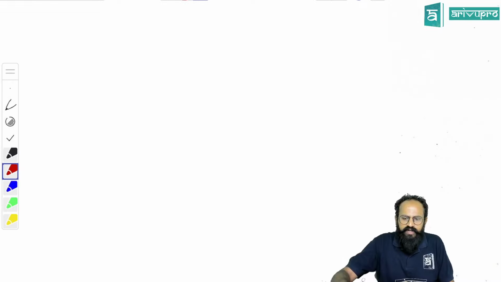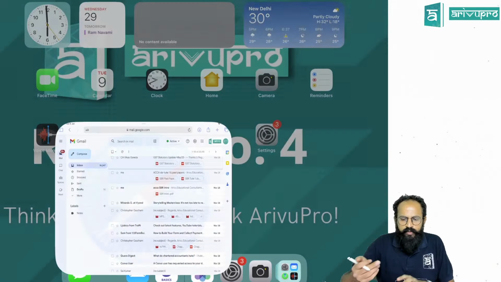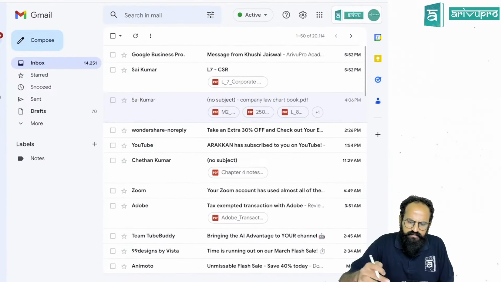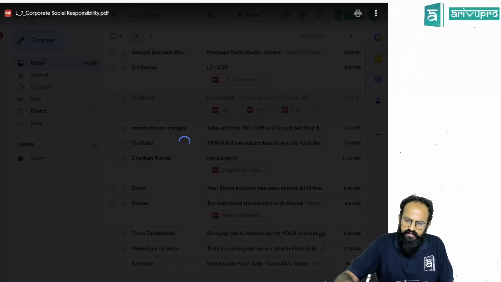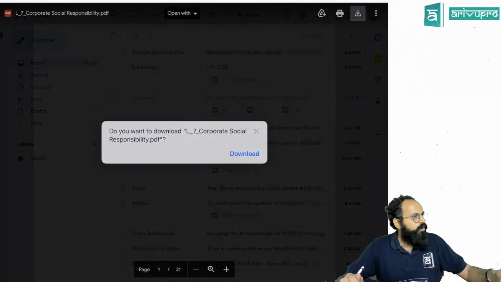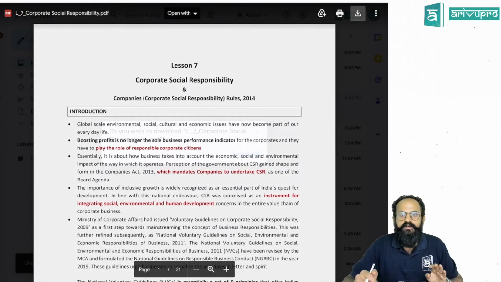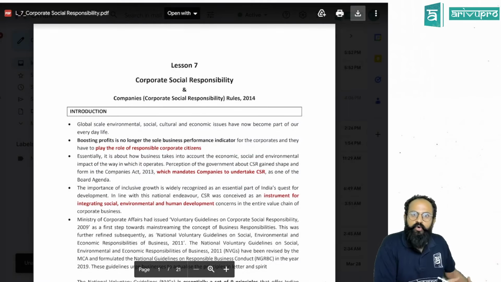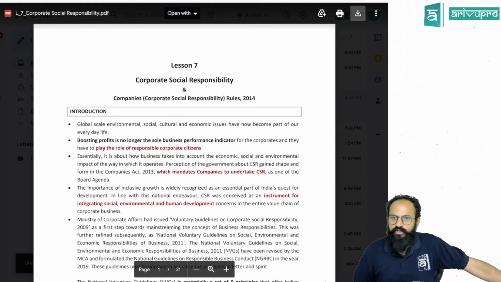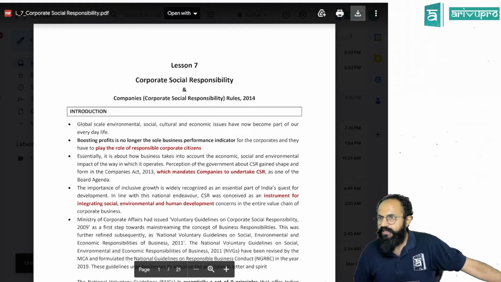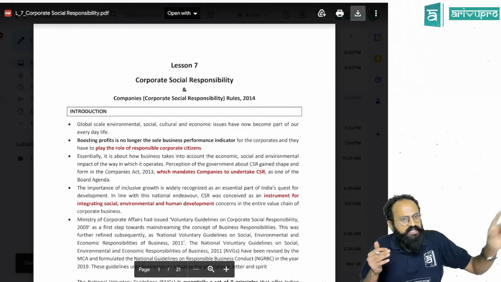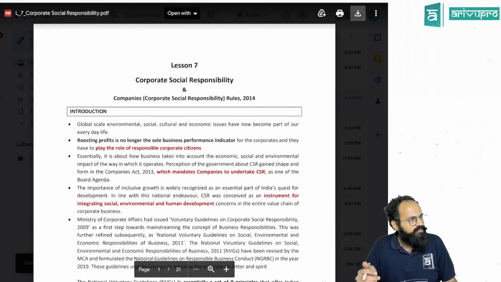What is administrative overheads, people? Imagine a company set up a school as a CSR expenditure. Whenever you have constructed a school, you need to hire a teacher to teach. My question to you: is the teacher considered an administrative cost or not? No. Why?